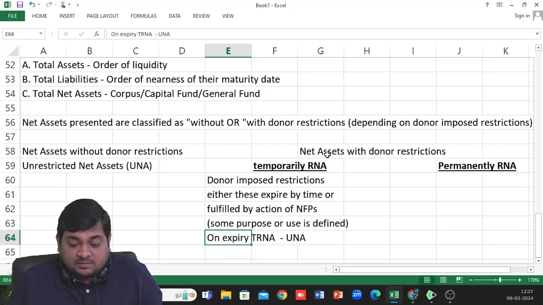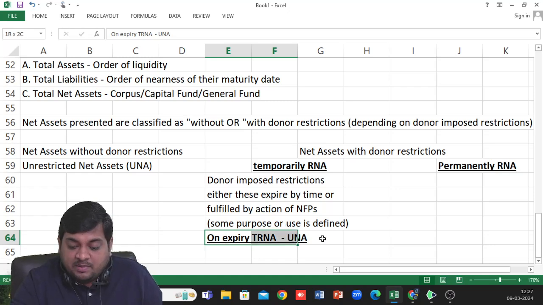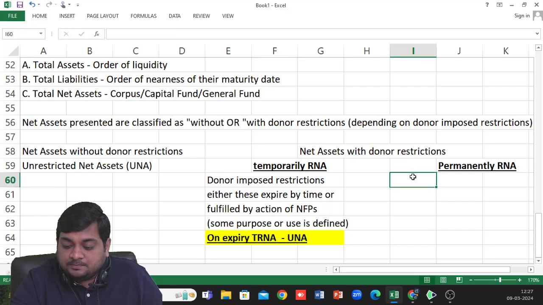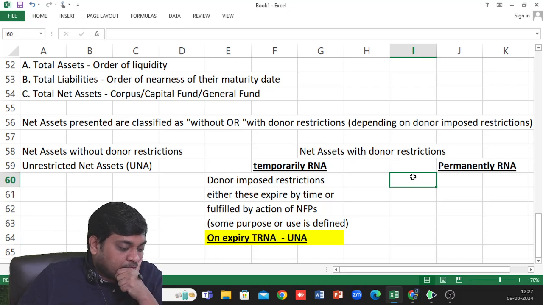Always remember this. On expiry, tRNA becomes UNA. Right?